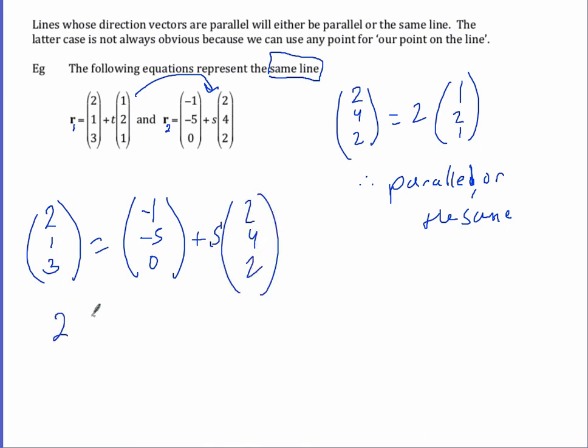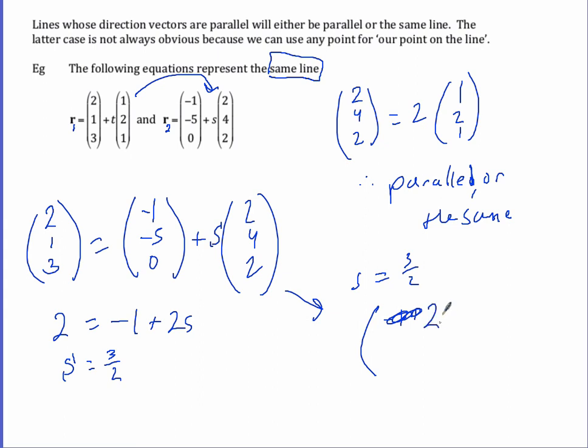You can solve for s in the first one. So s equals 3 over 2. If we plug in s equals 3 over 2, we know the first component is going to be 2.